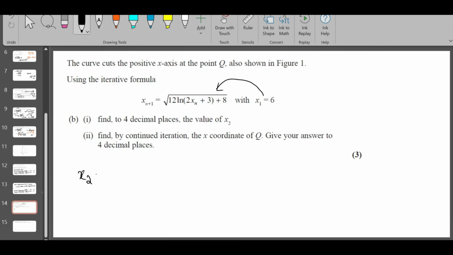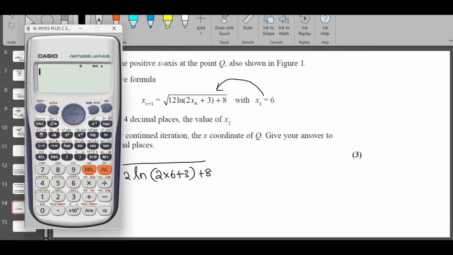So x2 is equal to square root of 12 ln(2x1 plus 3) plus 8. You need to show this, otherwise you will lose marks. So, everything inside square root, right? Square root of 12 ln(2 times 6 plus 3), close the bracket, plus 8.